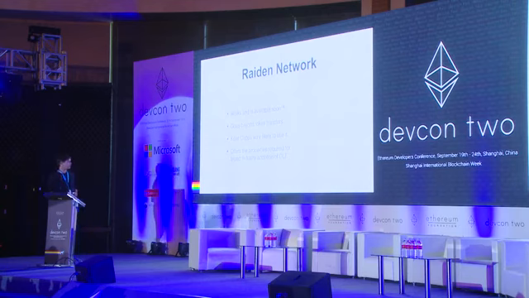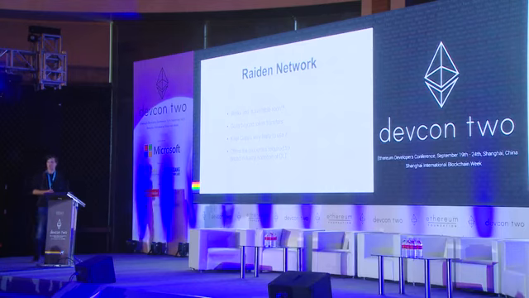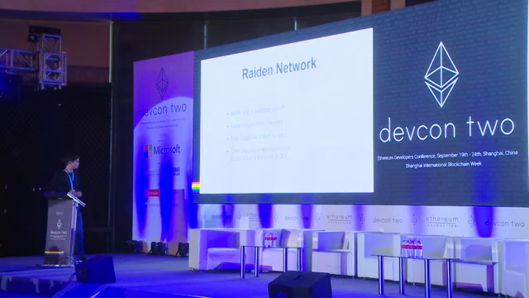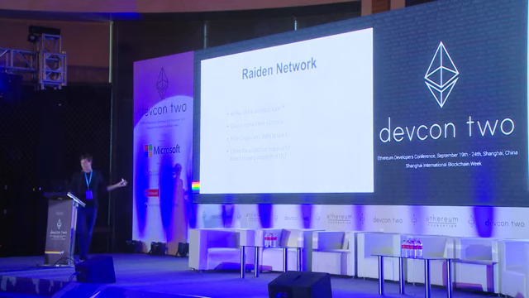And I also think that if you want to see broad industry adoption of distributed ledger technology, then we need something like the Raiden network or similar. Because, again, the properties of scalability and especially transaction privacy are important.